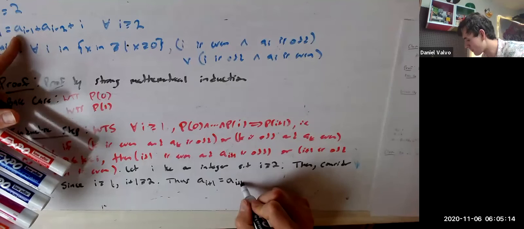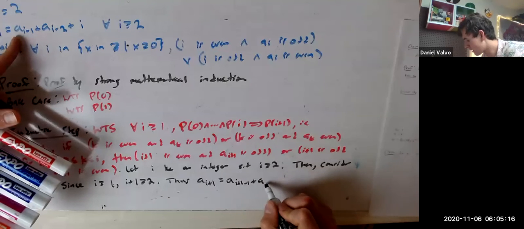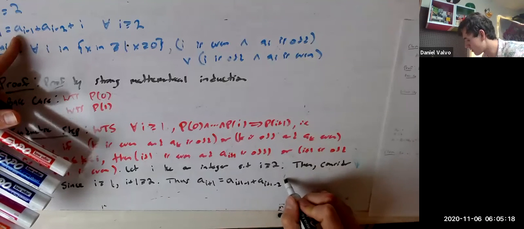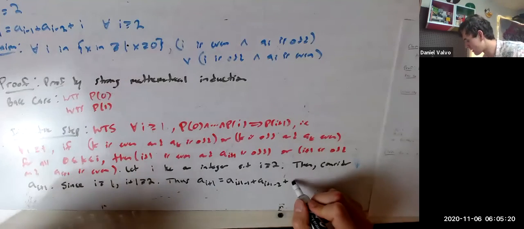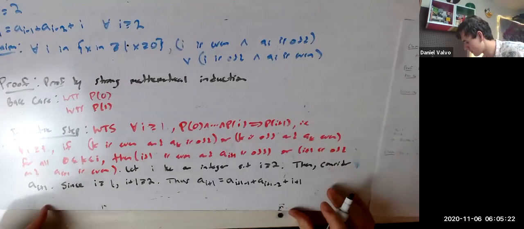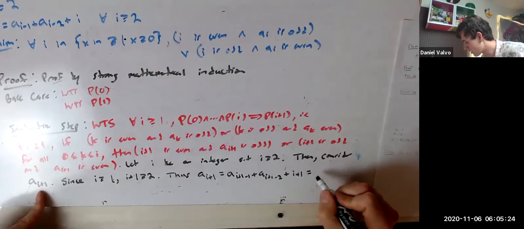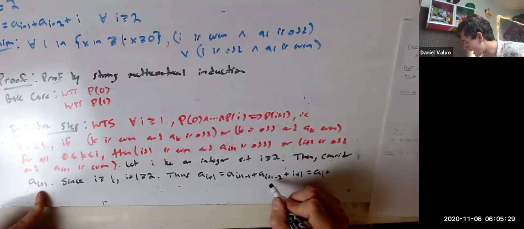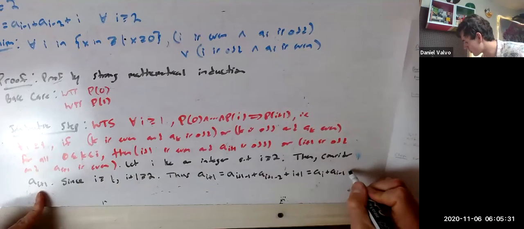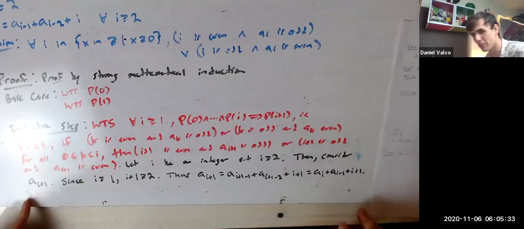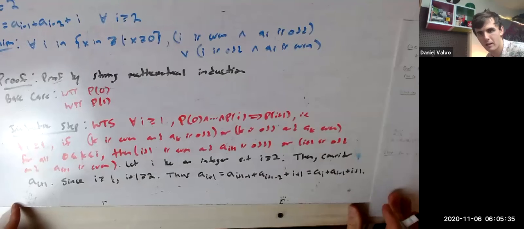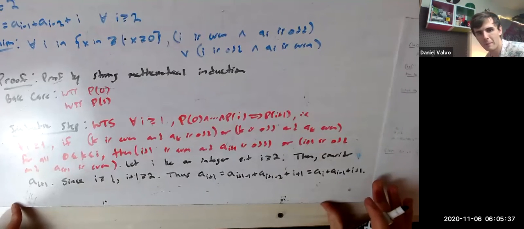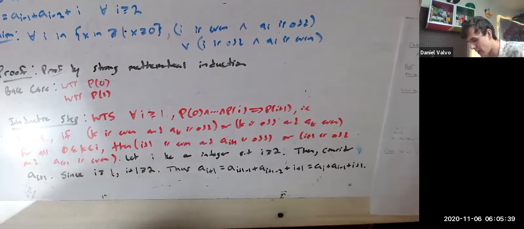There's going to be a of i plus 1 minus 1 plus a of i plus 1 minus 2 plus the index, which in this case, a of i plus 1 minus 1 is just a_i. a of i plus 1 minus 2 is a of i minus 1, plus i plus 1. So here's the key.